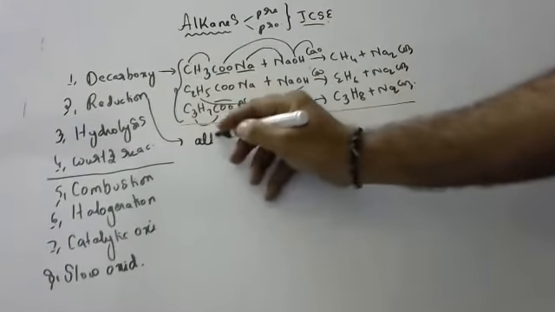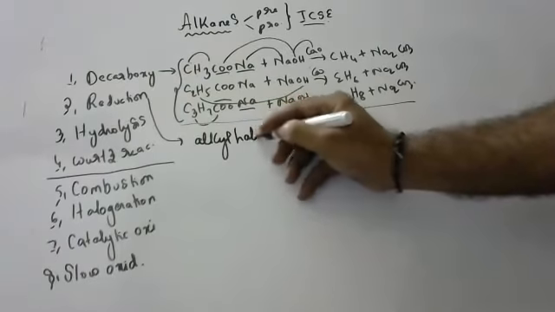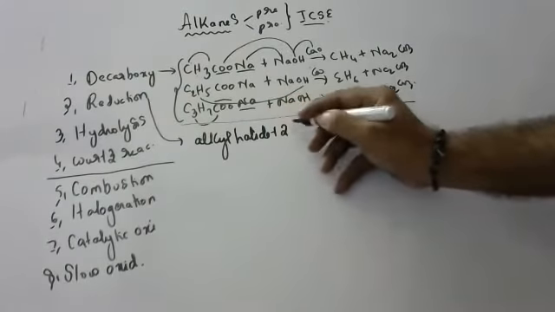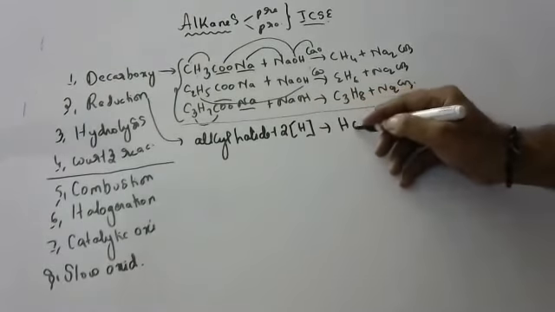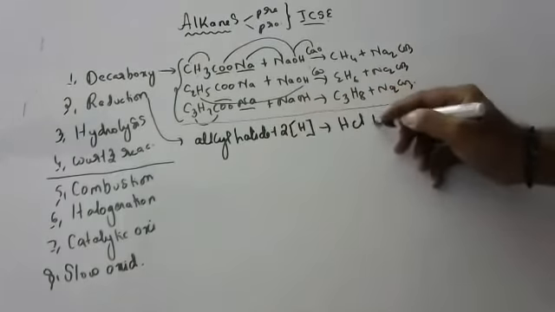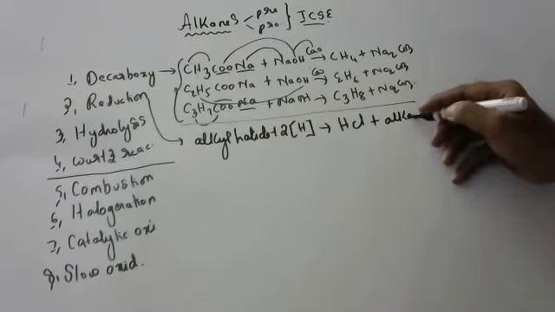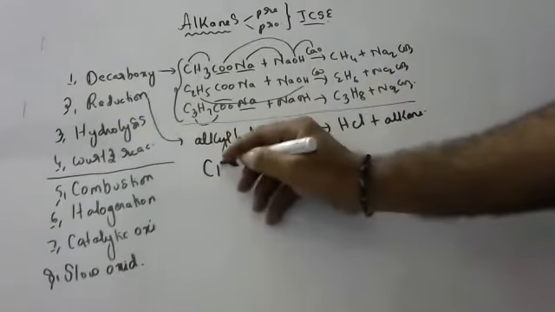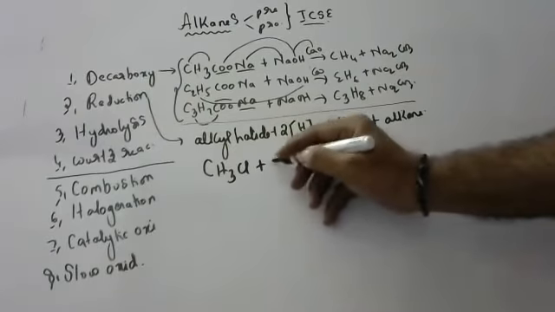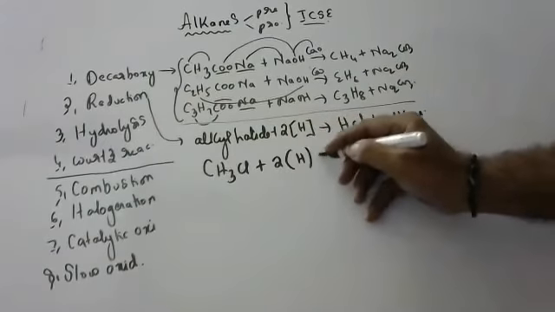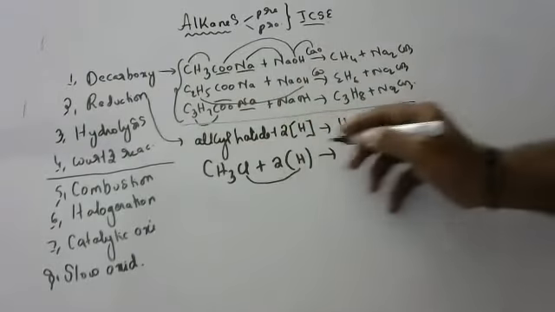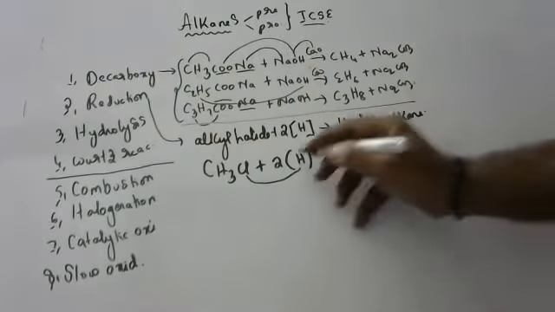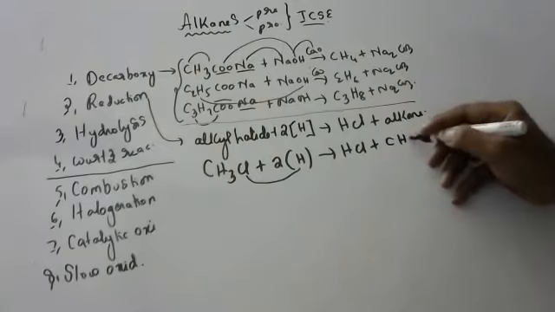Okay, second reaction. Take any alkyl halide and subject it to reduction. Reduction is addition of hydrogen. Then you'll get HCl, or whatever halide you take, plus your respective alkane. For example, if you take CH3Cl and subject it to reduction in presence of nascent hydrogen, freshly prepared hydrogen, one HCl goes out and the remaining H combines to form CH4, methane.